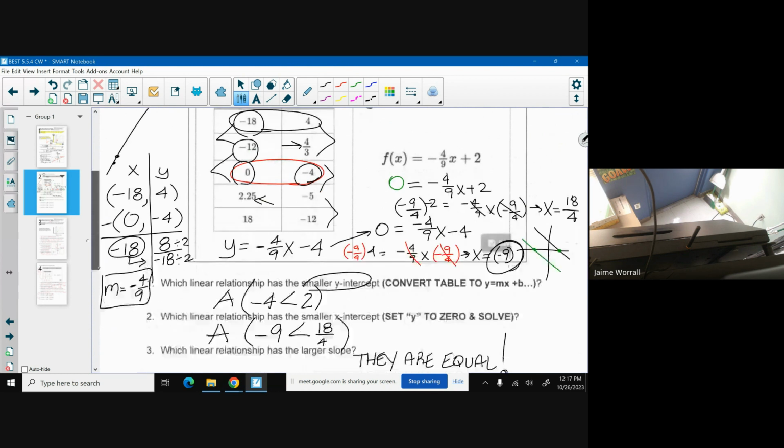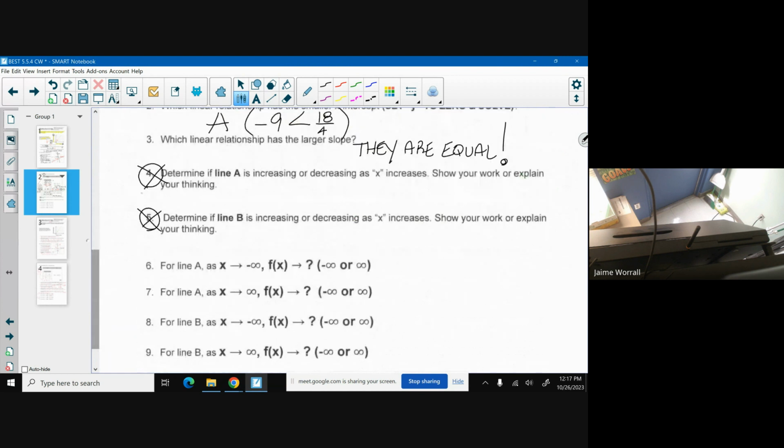So positive infinity. For line A, as x is approaching positive infinity, the y's are getting smaller. Check your table. Are they getting smaller? Yeah.